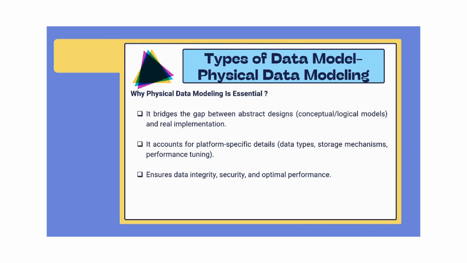Moving to the next topic, why physical data modeling is essential. It bridges the gap between abstract design and real implementation. It accounts for platform specific details, and also it ensures data integrity, security, and optimal performance.